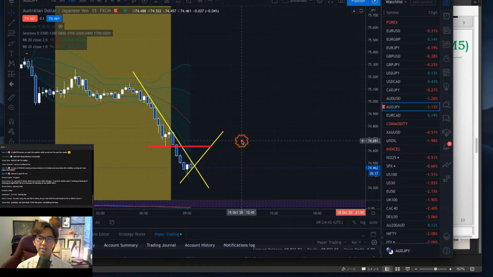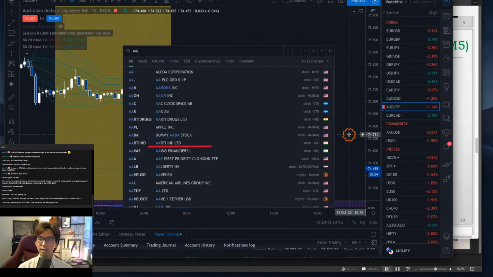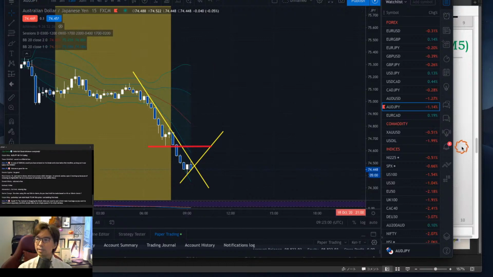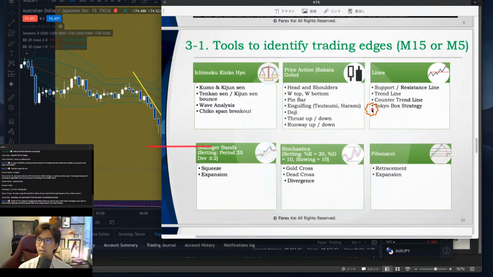And afterwards, I confirmed that this is breaking down the Tokyo box. So Tokyo Box breakout can be another confirmation to sell for this bearish move. We can take it because this is a JPY cross pair. So Tokyo Box will be another one that we can look at.